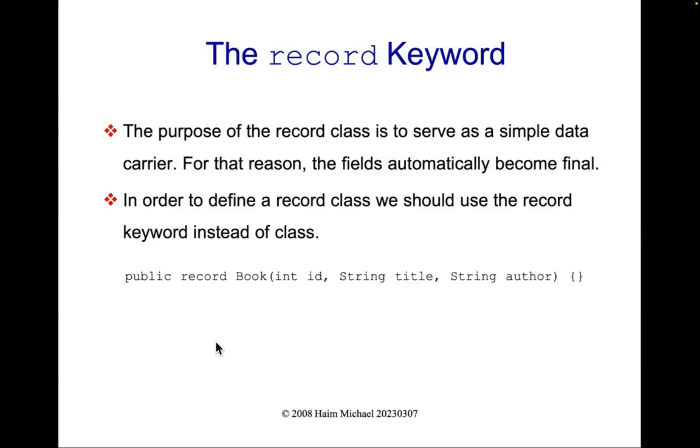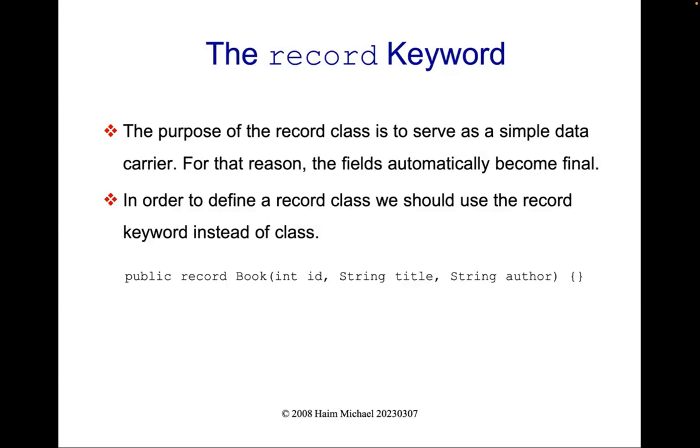And that new type, which is actually a class, will include auto-generated fields in accordance with the definition of the record class. Here, for instance, if you take a look at this code snippet, you can imagine a new class, a new type whose name is Book, where each and every object instantiated from that type has 3 fields: ID, title, and author.